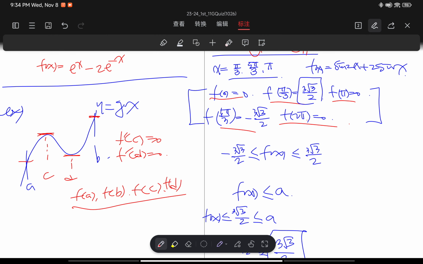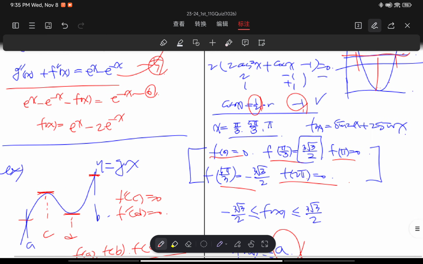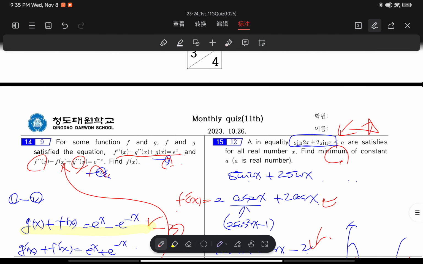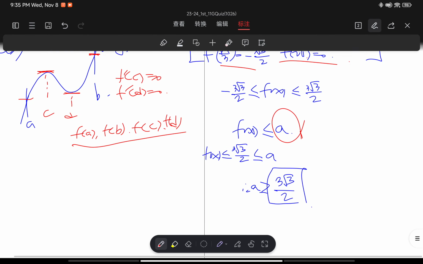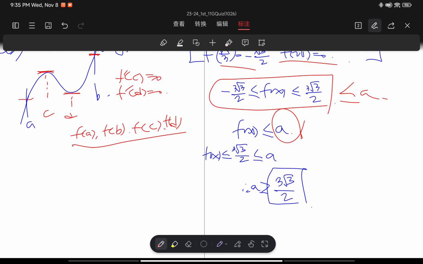So f x is larger than negative 3 square root of 3 divided by 2, but less than 3 square root of 3 divided by 2. So I want to find the minimum constant a. Here's f x. So what is the minimum value of a?